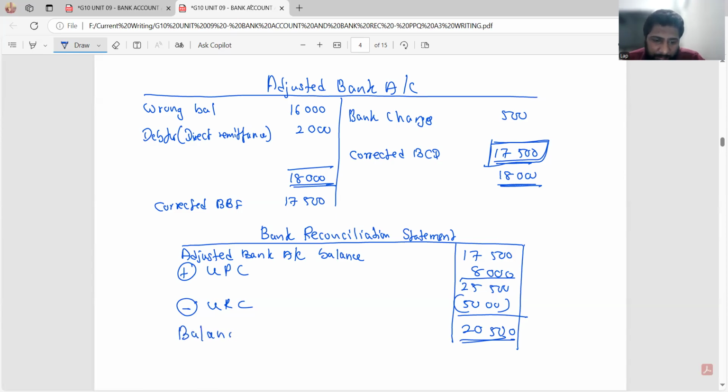Balance as per bank statement. The balance as per bank statement.